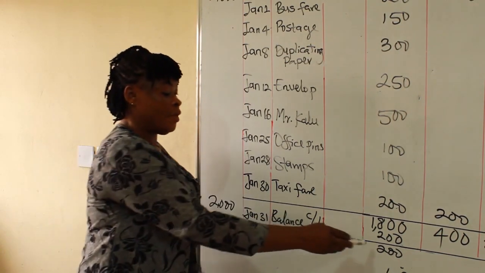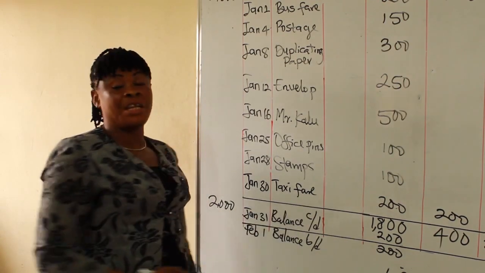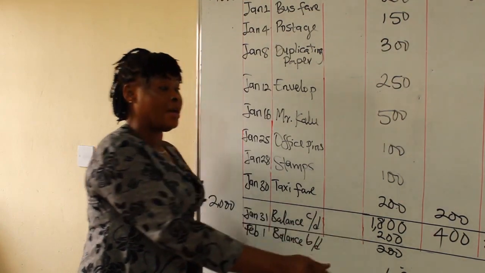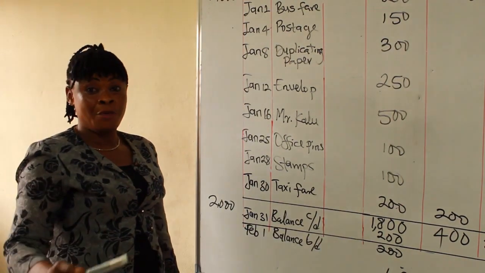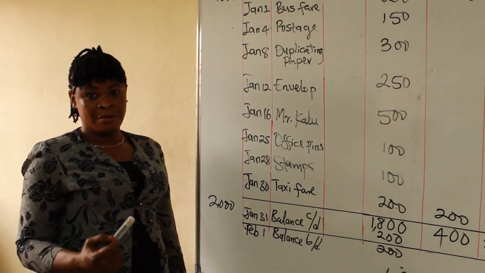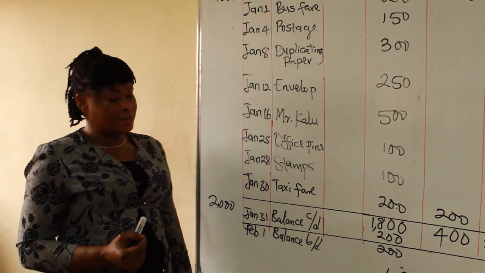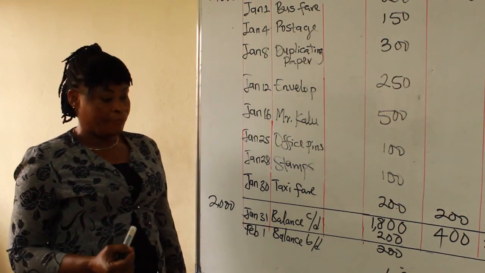They have to give the petty cashier the amount of 1,800 naira in order to make up this 200 naira to the former 2,000 naira, to start again in the month of February for petty expenses. And this is the end of the lesson for today.